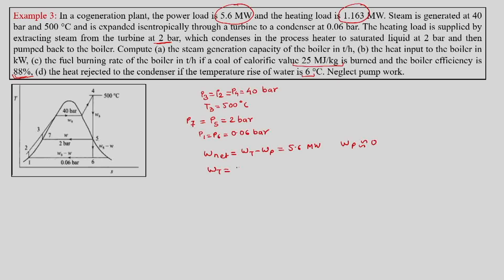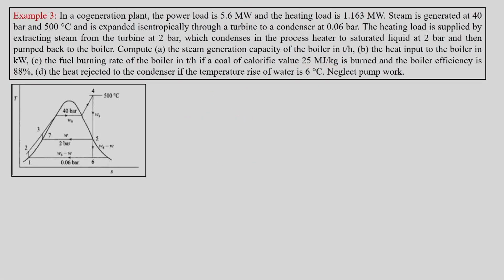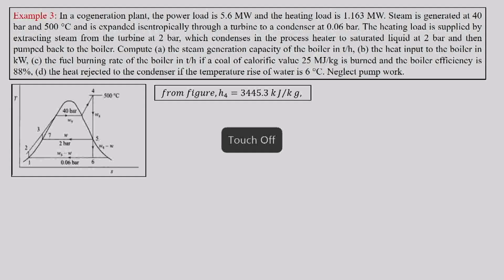So, turbine work is 5.6 megawatt, and the heating load in the process heating, which is H5 minus H7 into W, is equal to 1.163 megawatt. This is the given fact for us. So, knowing this, we can proceed with the example. We can go directly to the steam table at 40 bar and 500 degrees Celsius and find out H4.